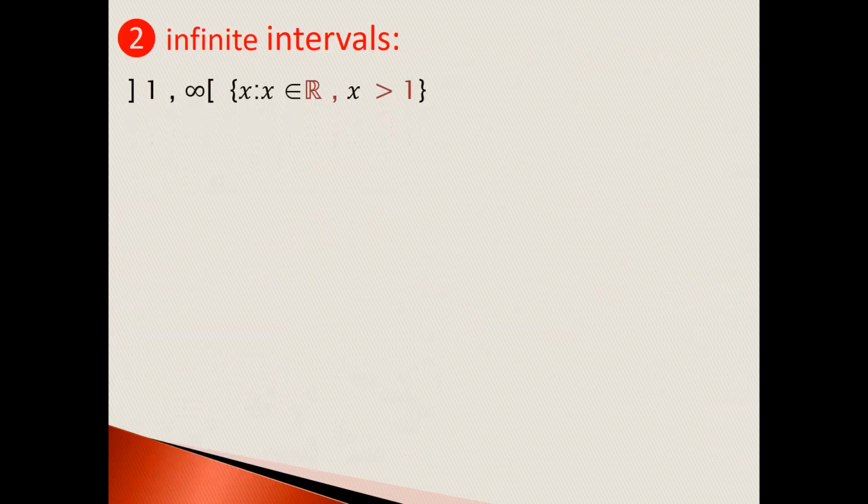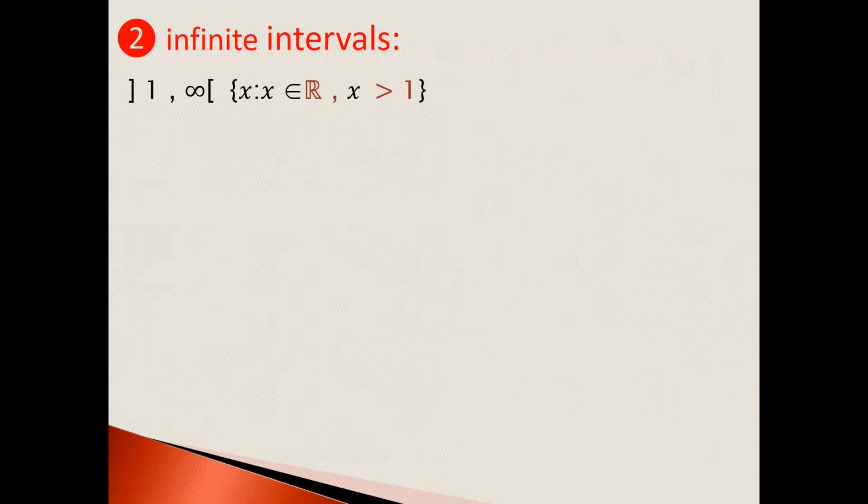Infinite intervals are always open. An example here is 1 and infinity. 1 is open and infinity is always open, meaning x such that x belongs to R, x more than 1, so it goes to positive infinity.